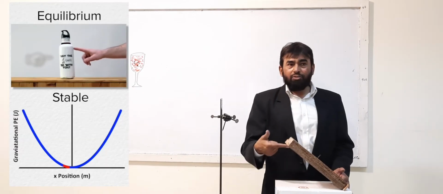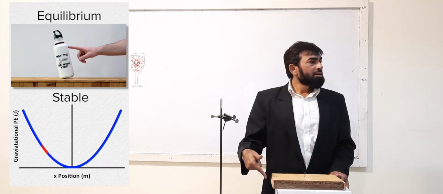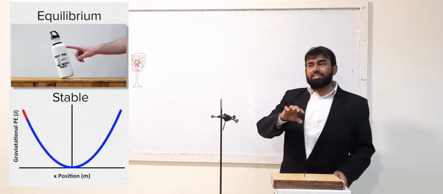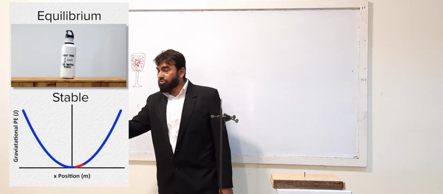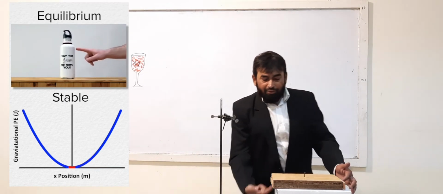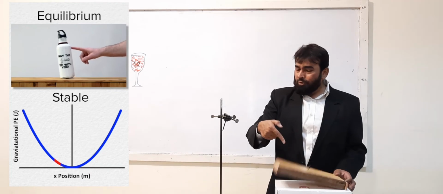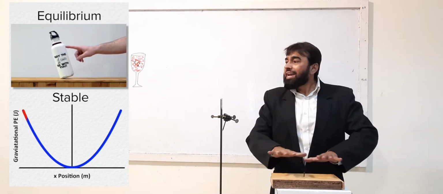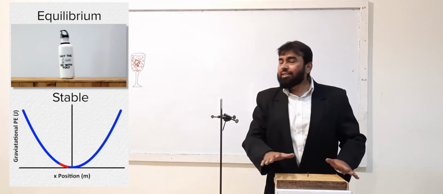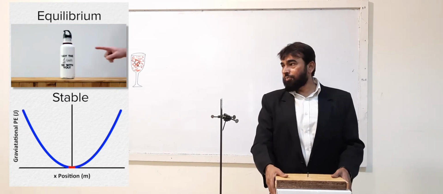So this type of equilibrium is called stable equilibrium, because the body is coming back to its original, its previous orientation. If I apply the force and after removing the force the body comes back to its previous orientation, then it is called stable equilibrium.